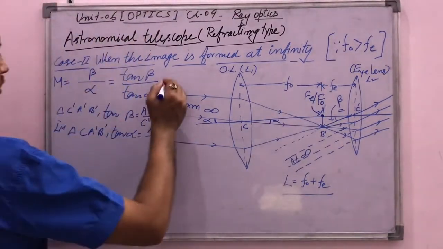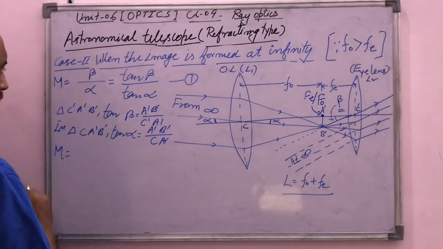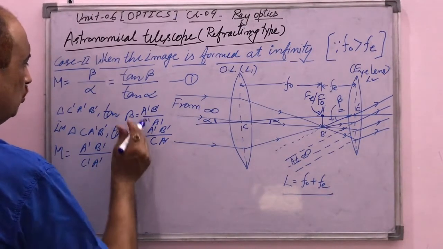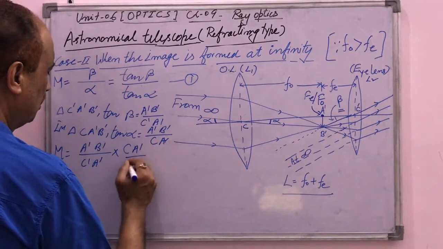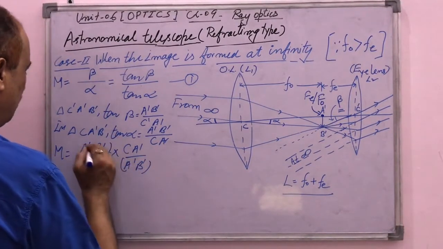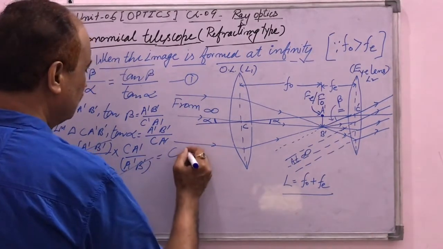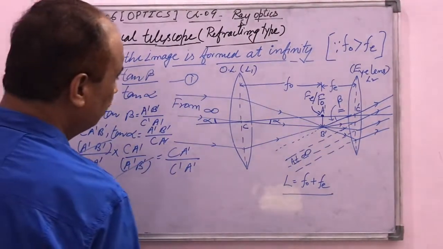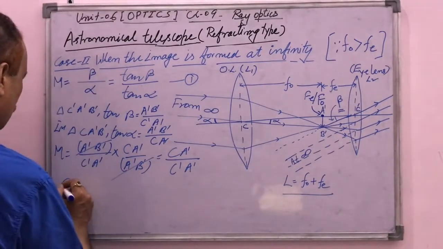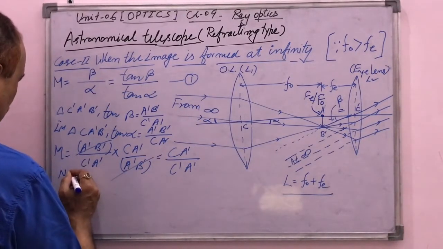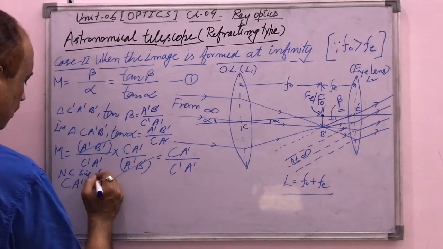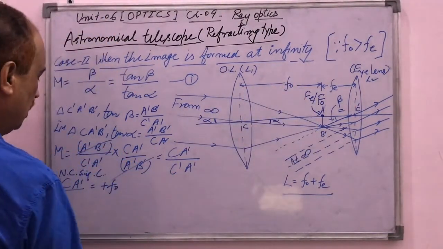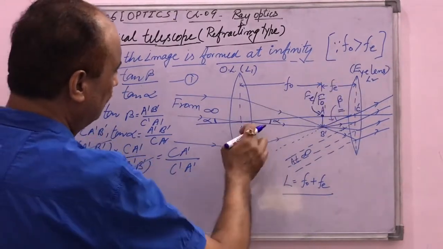Now put the values in equation number 1, and we get M equal to A dash B dash upon C dash A dash into the inverse of tan alpha, that is C A dash upon A dash B dash, and the A dash B dash term cancels out, and we get C A dash upon C dash A dash. Now in this formula, using the new Cartesian sign convention, C A dash is equal to FO, and it is taken as positive because the distance is measured on the right side from the optic center.